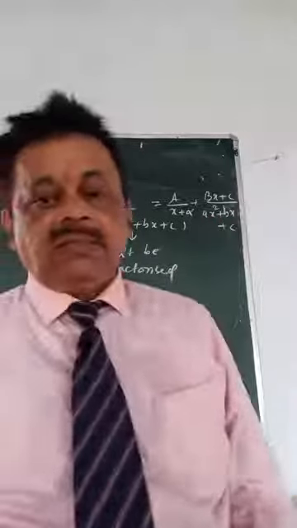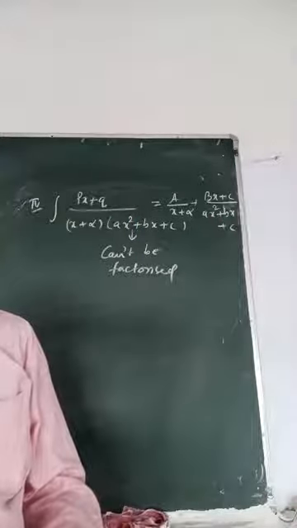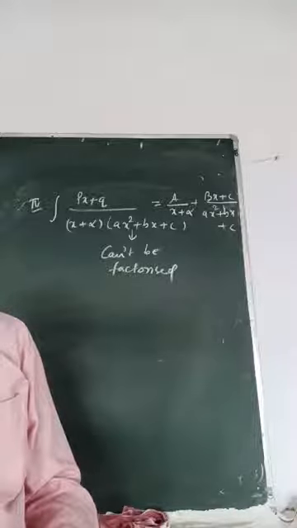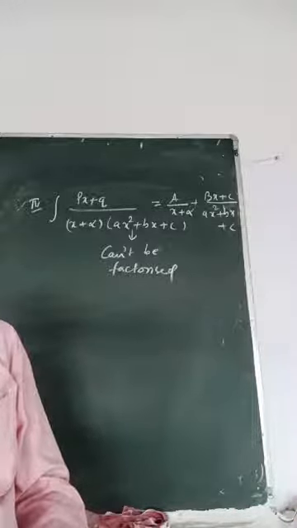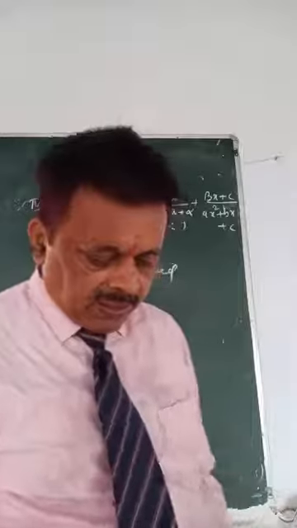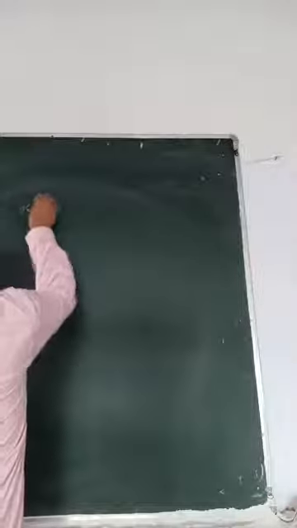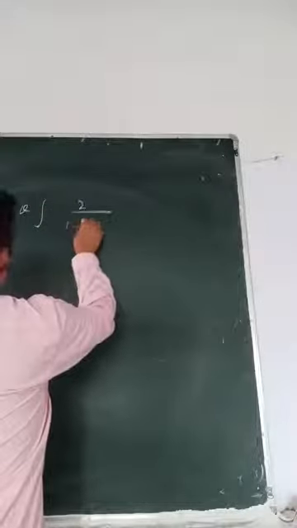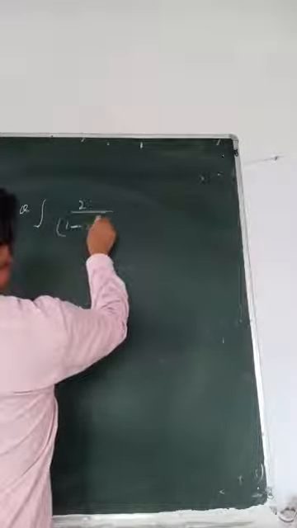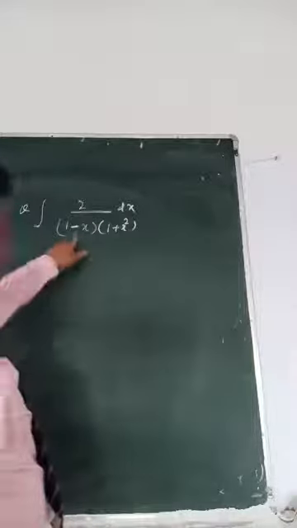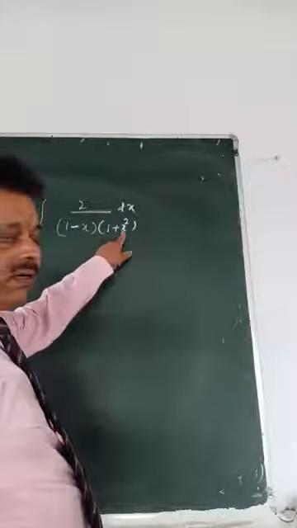So let's see a question on this. Suppose I got a question. Let me take two questions on this. 2 by 1 minus x, 1 plus x whole square, suppose. This is linear, this is quadratic, cannot be factorized.